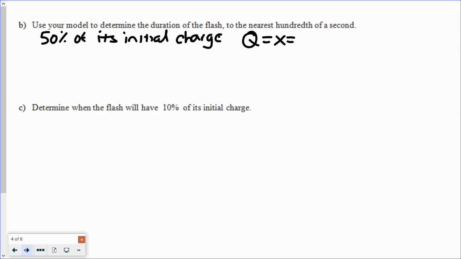So Q is equal to X is equal to 50. Again, you could do it graphically. You could have your graph and trace when Q is equal to 50, and see what Y is equal to, which represents your time.